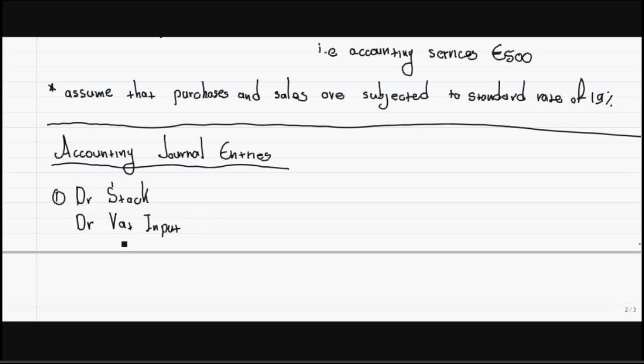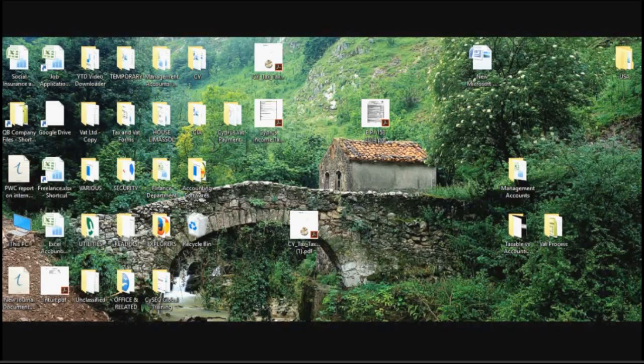Input is on purchases, and we credit the person who sells this item. Let's name this supplier 1. So stock value is 100, the VAT is 19% which is 19, and we owe to supplier 1 119 euros. This is transaction number 1.